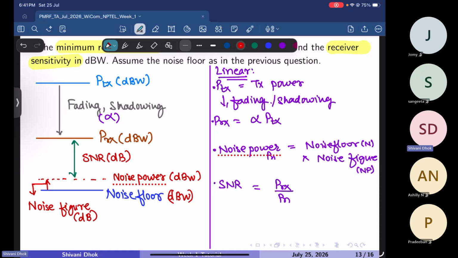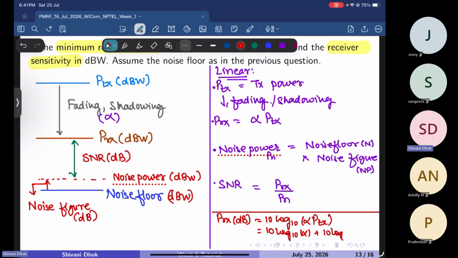Okay, so in dB scale, you get PRX as 10 log to the base 10 of alpha times PTX. So this becomes 10 log to the base 10 alpha plus 10 log to the base 10 PTX.